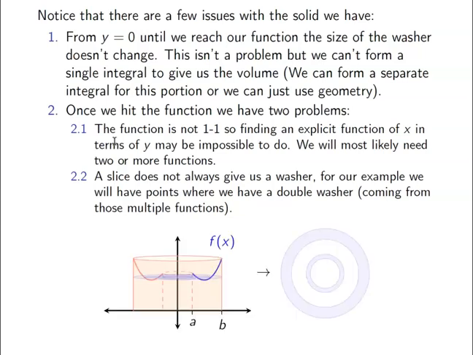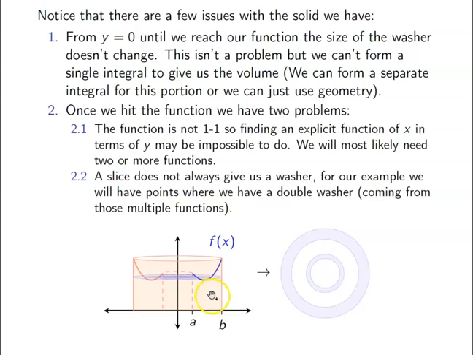For example, if we took a slice right here in the middle, I would actually have two washers. And as I move through this interval, where I hit two different portions of my function, I'm going to have two washers with various lengths. So I'm going to have a couple of integrals in order to find it.